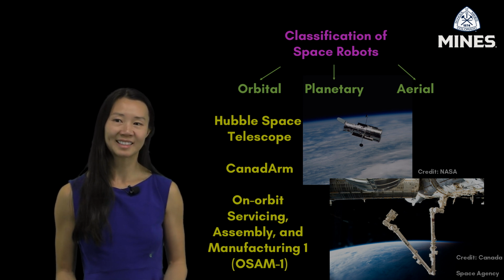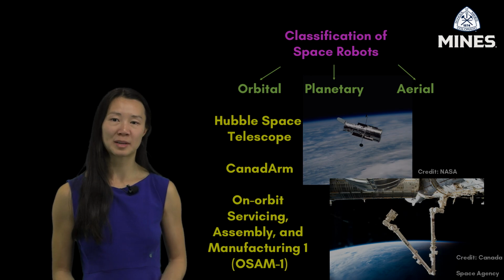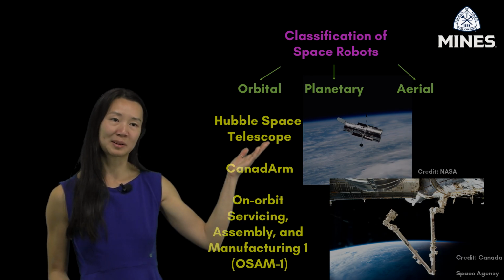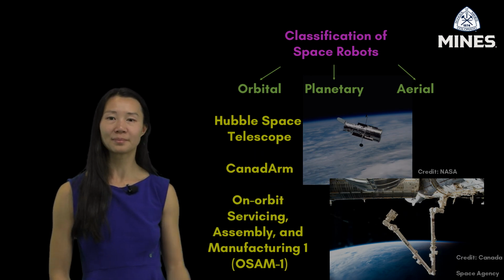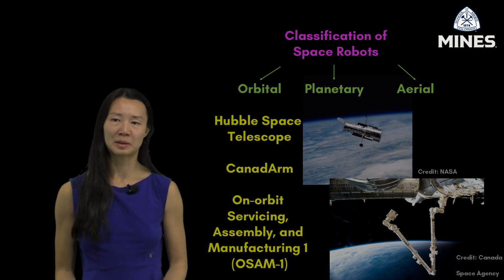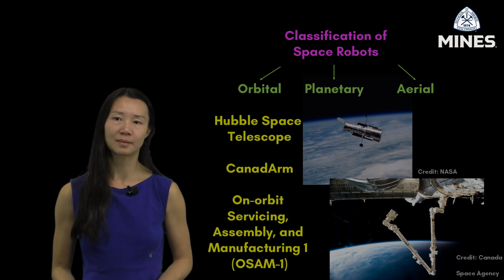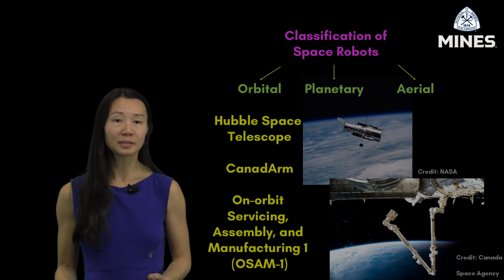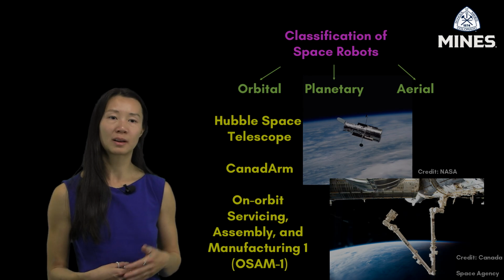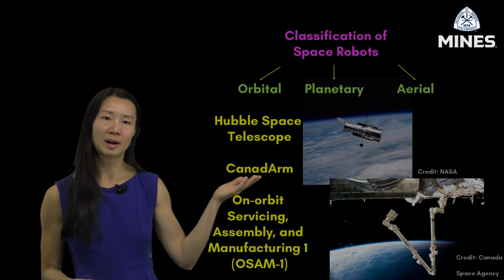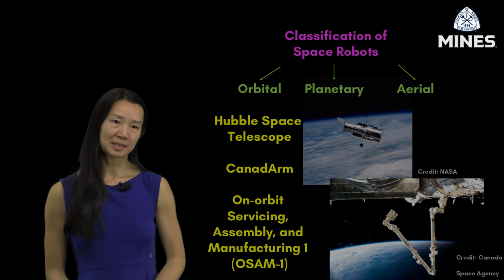A famous satellite under the category of orbiting space robots is the Hubble Space Telescope, which can be seen here. Hubble Space Telescope has the function to be a sharp pair of mechanical eyes in our sky. Roboticists on Earth like to study robotic arms, so I thought I'd also call out a famous robot manipulator, Canadarm, that's orbiting in space.